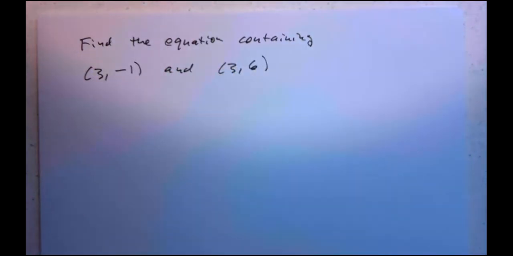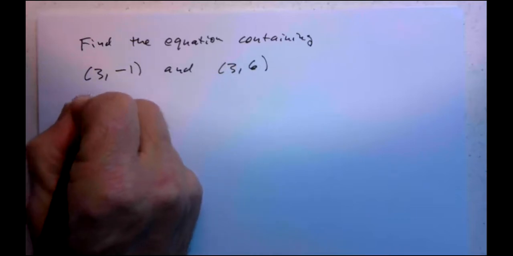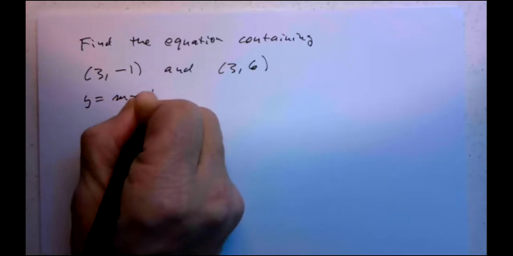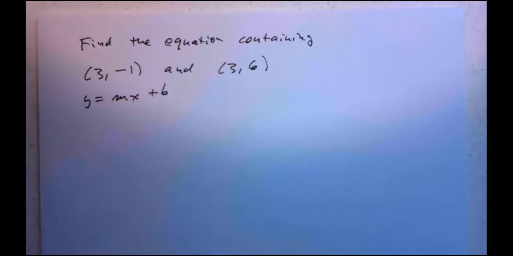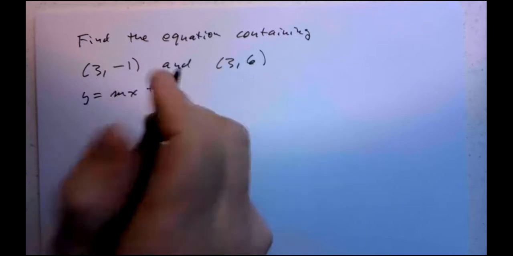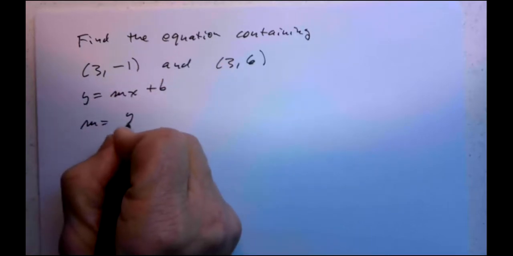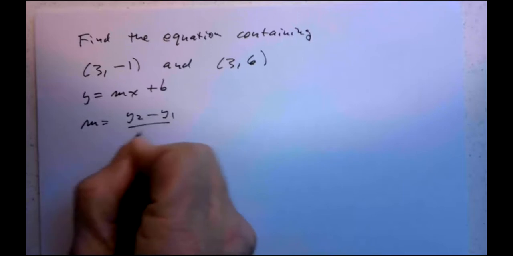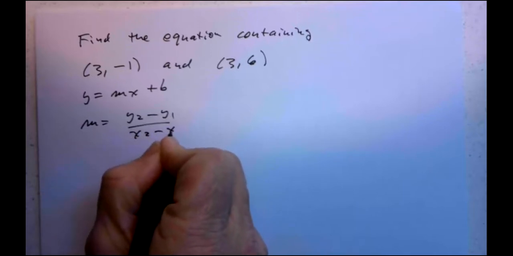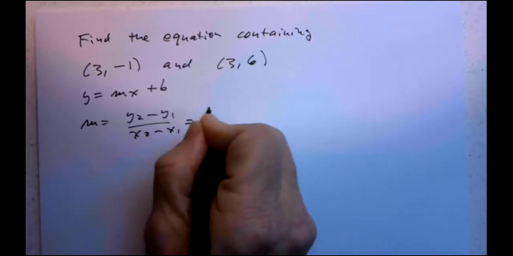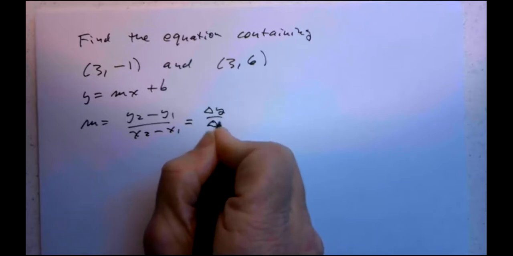We want to first find slope. We're going to use y equals mx plus b as our model. That's my preferred model since it's in function form. But slope is y2 minus y1 over x2 minus x1. Or if you like, change in y over change in x.